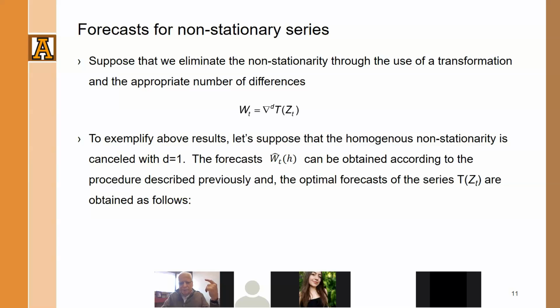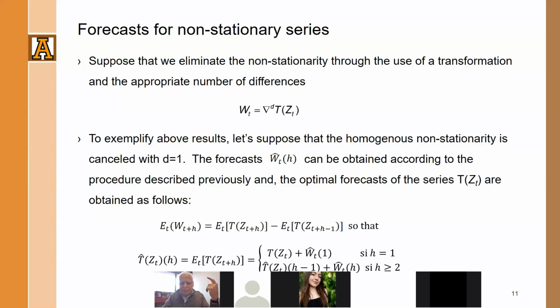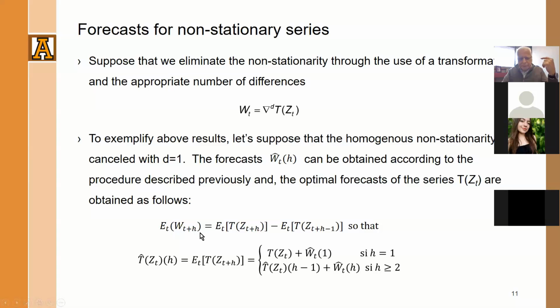And the optimal forecasts are going to be the conditional expectations at time t of W_{t+h}, that is, the conditional expectation of the transformed Z_{t+h} minus the transformed Z_{t+h-1}.